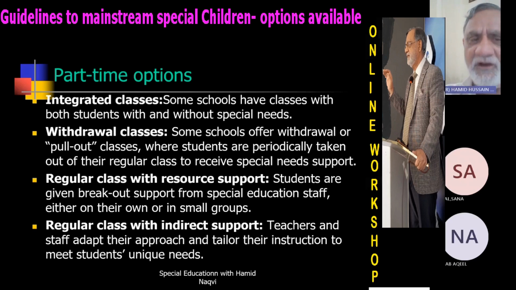In withdrawal classes, for one period, two periods, or three periods, the special students are taken out, they are withdrawn, and their special needs are addressed in the labs or the resource rooms.